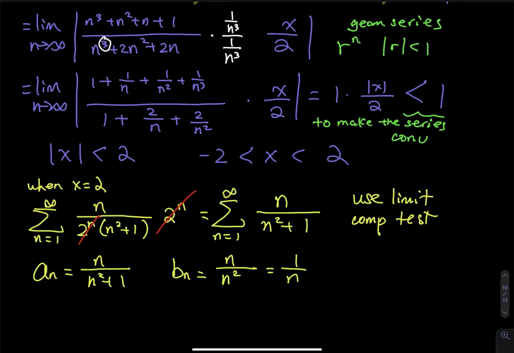That is 1 over n, and this is a harmonic series, so it always diverges.